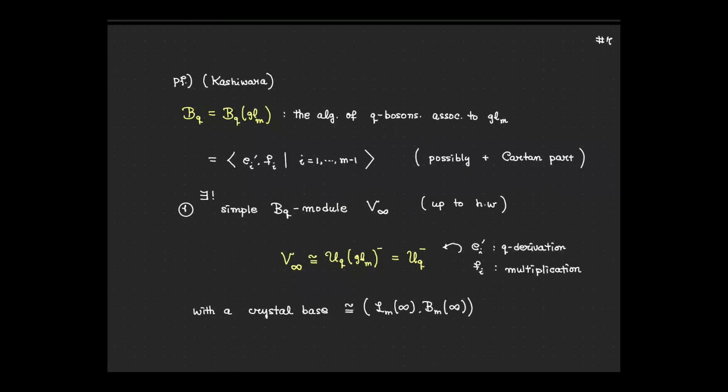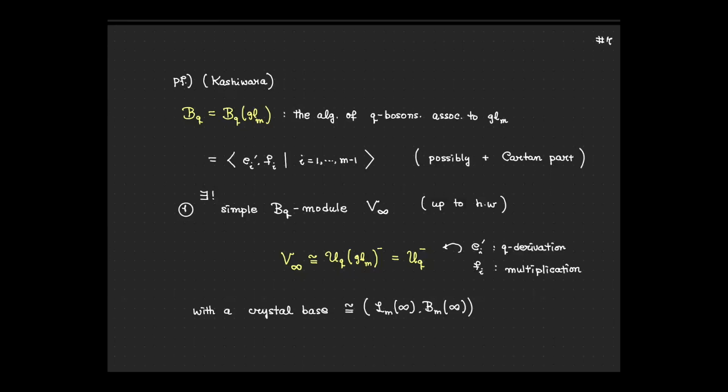Some people call it the Kashiwara algebra, say BQ, and now I only consider the case of GLM. This is the algebra generated by two kinds of generators, EI prime and FI, parameterized by the simple roots. And of course, we can add possibly the Cartan part to that algebra when you want to think about the weights of the simple module of that q-boson algebra.